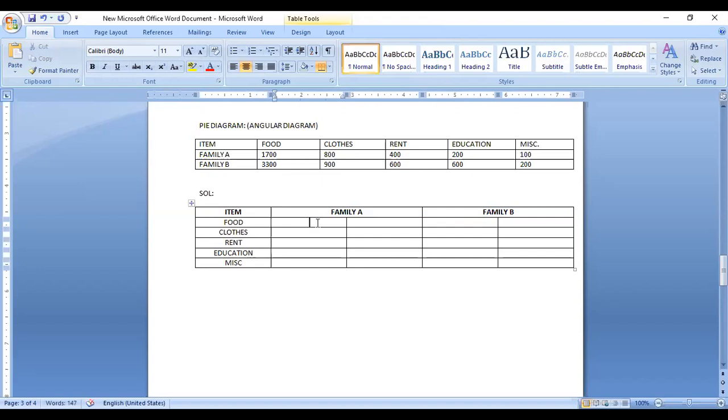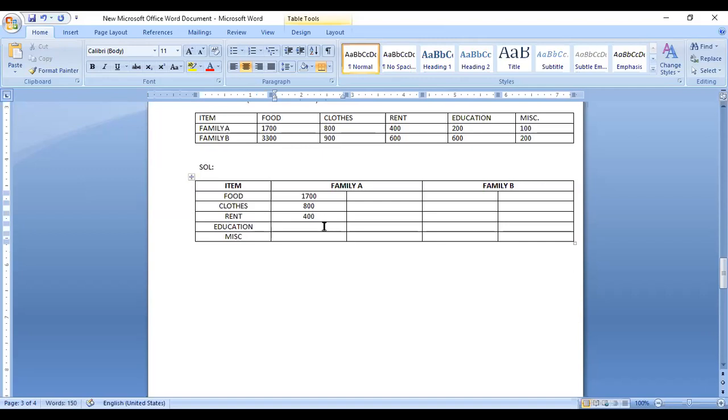Now family A: 1700 on food, then on clothing this is 800, then this is 400, this is 200, and lastly 100.